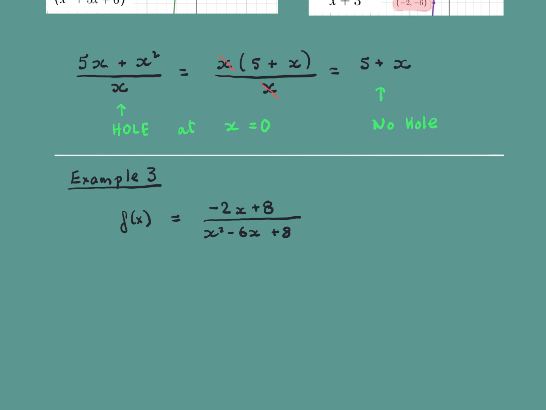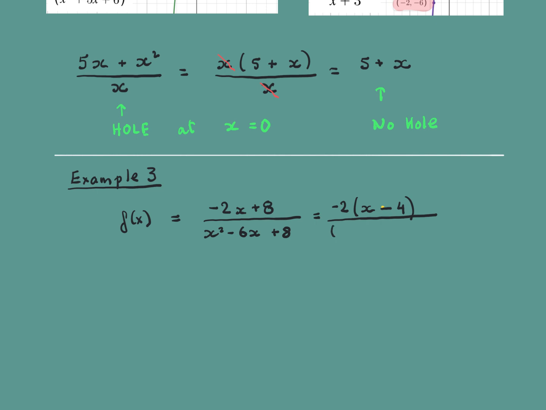So what do we do first? First of all, we try to factorize this, and I can see that I can take the minus 2 outside. If I take out the factor minus 2, then I must have minus 4 here, because minus 2 times minus 4 gives me plus 8.